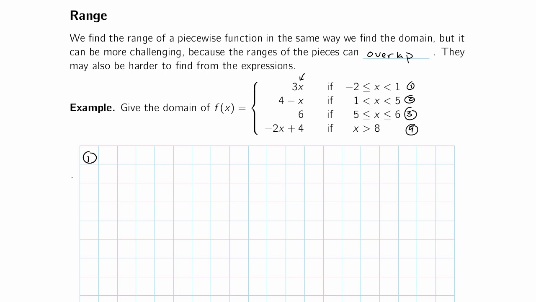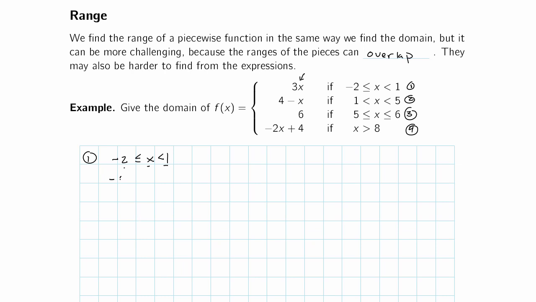Piece 1, we have -2 is less than or equal to x is less than 1. Our goal, we'd like to be able to say what 3x compares to. But we can multiply each position in our inequality by a 3.